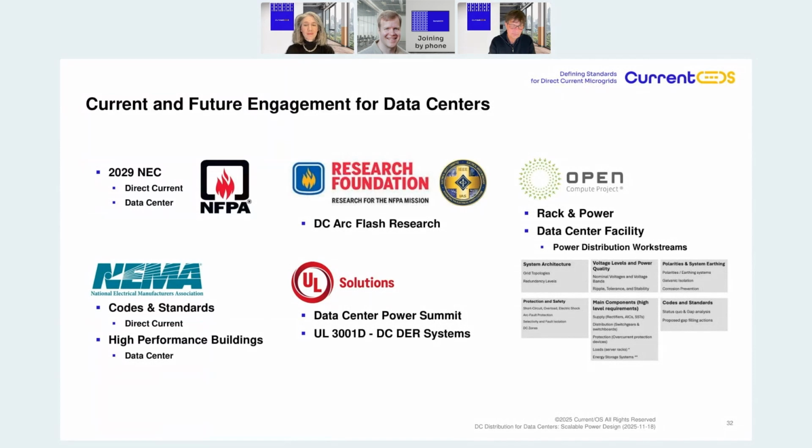And from that perspective, there are a couple of task groups for direct current and data center, where we are looking specifically at the topic of DC and what could be areas to refine within the National Electric Code.